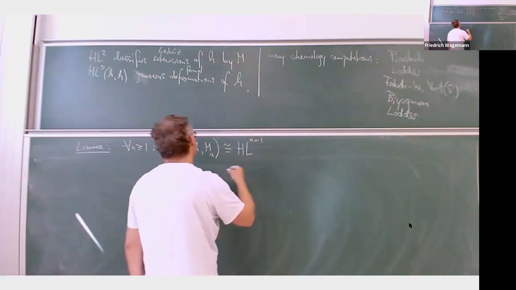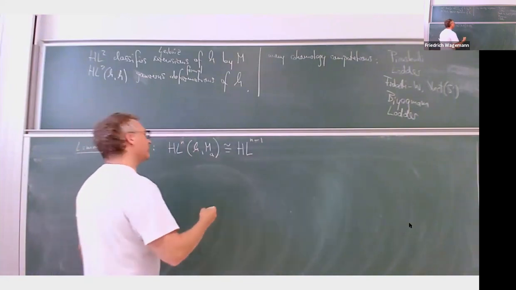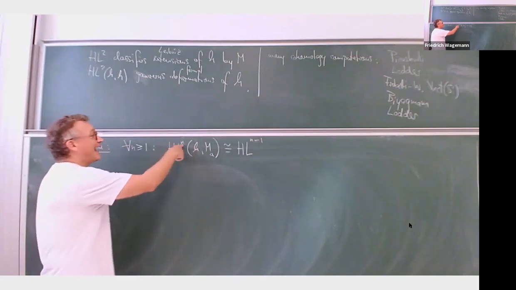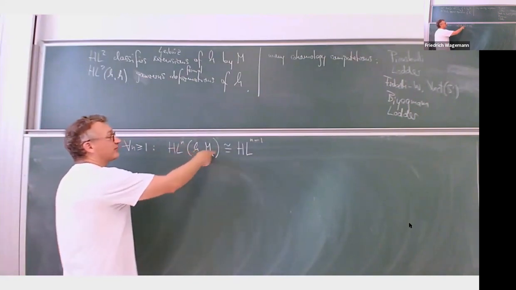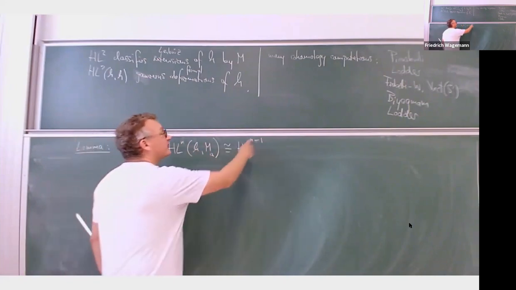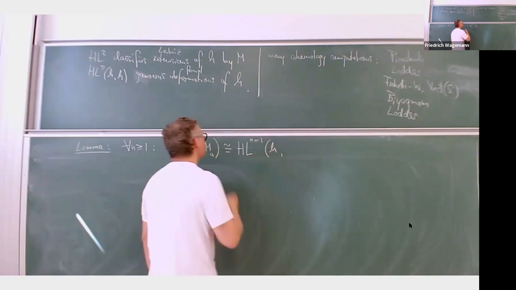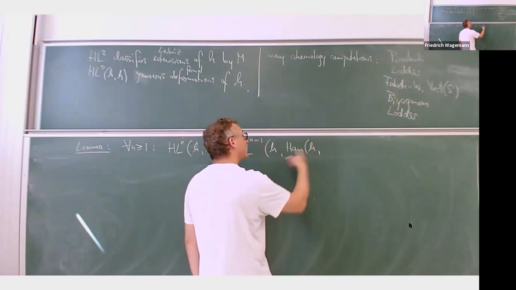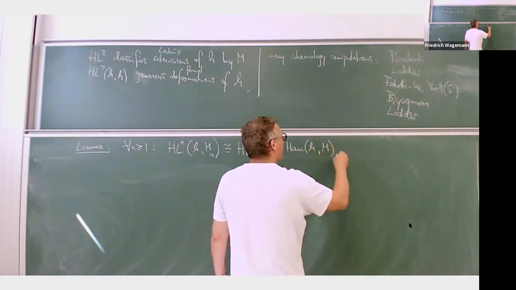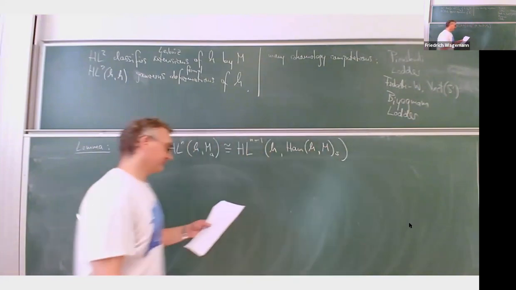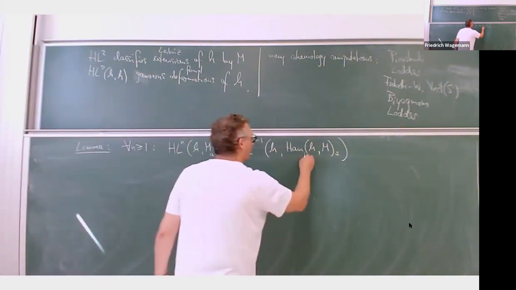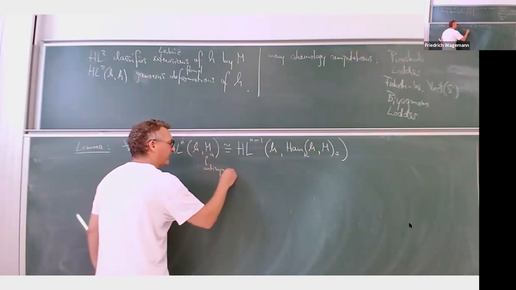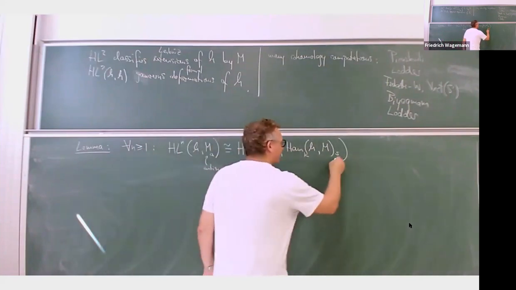So what I want to say is you can always interpret n cohomology of H with values in an anti-symmetric module M as n-1 cohomology of H with values in a more complicated module. The more complicated module is Hom(H, M), but now seen as a symmetric module. So this is anti-symmetric, and this is symmetric.